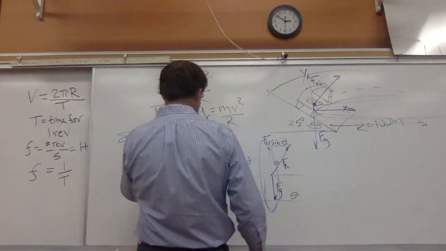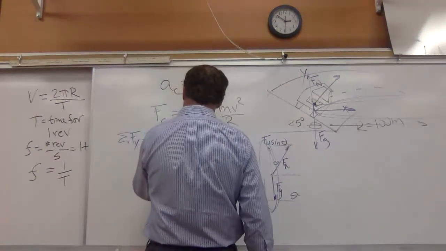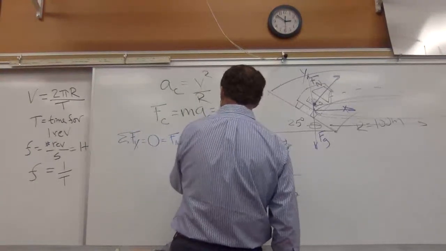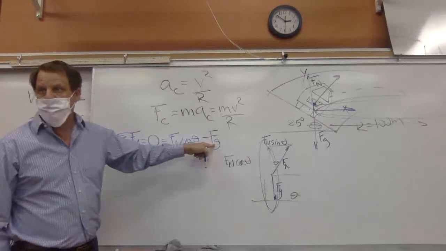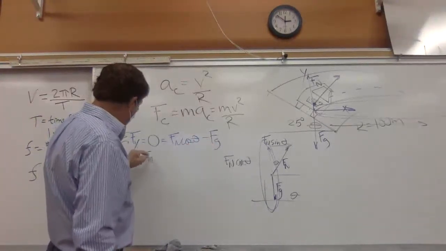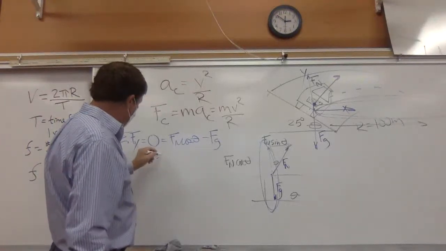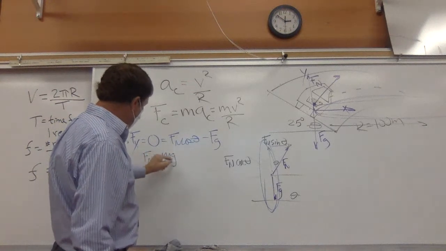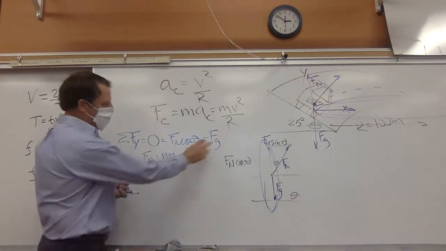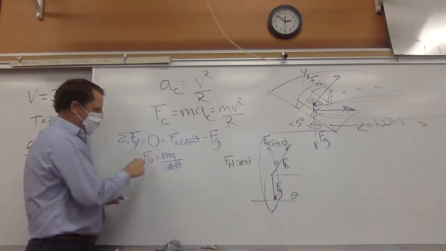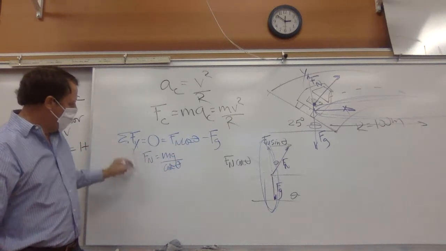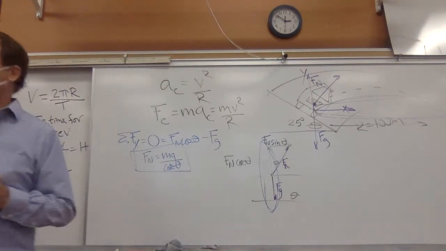Therefore, it's 0, and we have Fn cosine theta minus F_g. Remember, F_g is just mg. So if we rearrange this, force normal is equal to mg over cosine theta. I brought this negative to the other side, made it positive, changed it to mg, and then divided by cosine theta, and now we have a force normal.